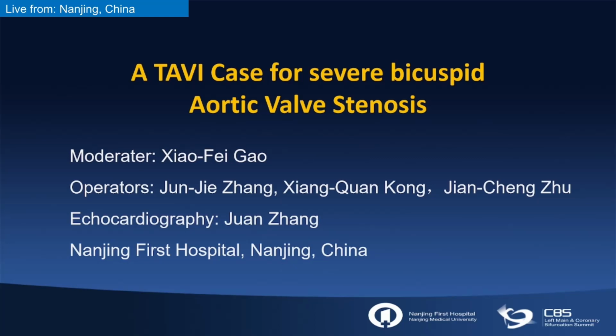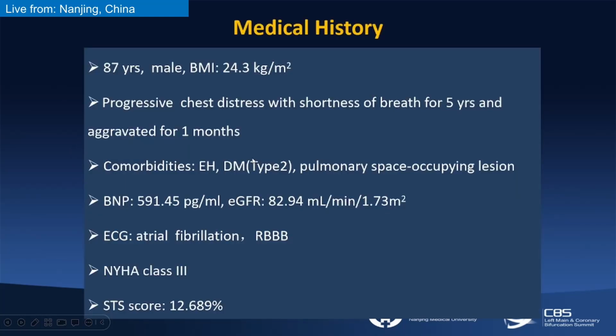Actually, this is an elderly gentleman, 85 years old, presenting with severe... Next slides, please. Presented with chest pain and also shortness of breath for 5 years, worsening for 1 month.